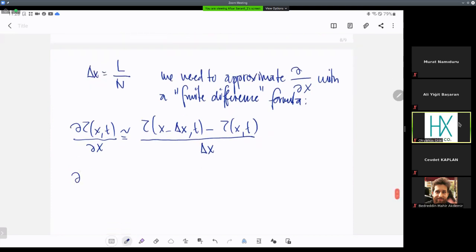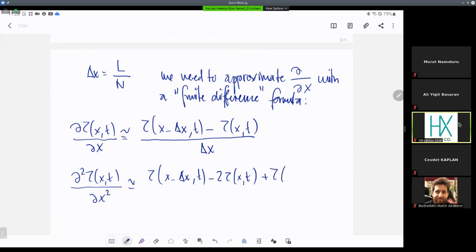And the second derivative, therefore, you apply this finite difference again, and that results in tau x minus delta x, t minus 2 times tau x,t plus tau x plus delta x, t over delta x squared.